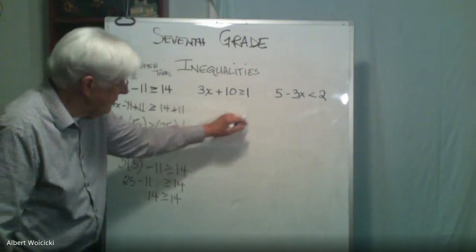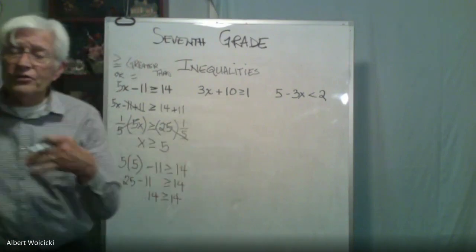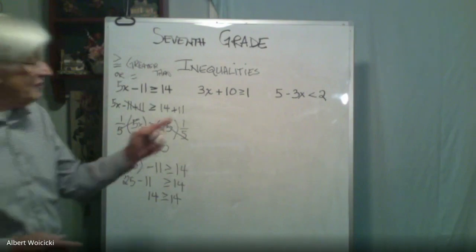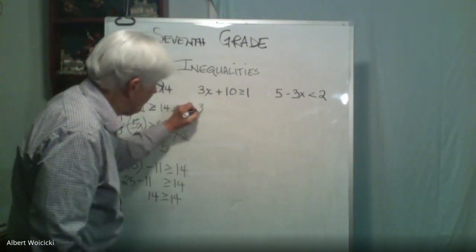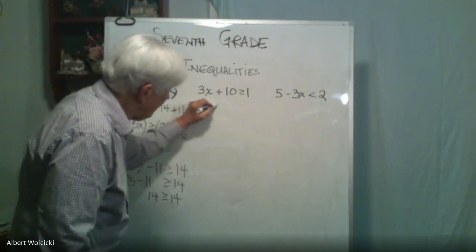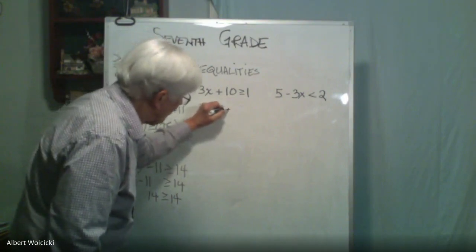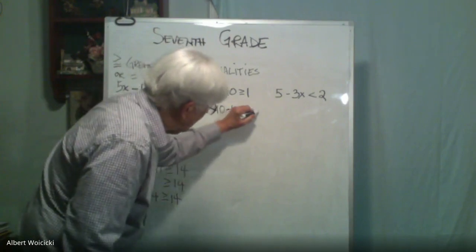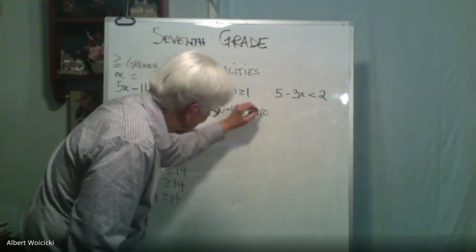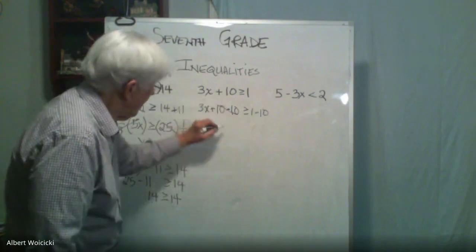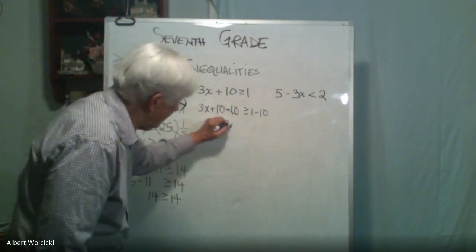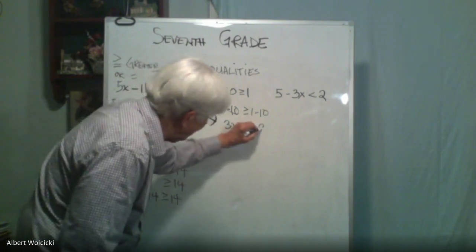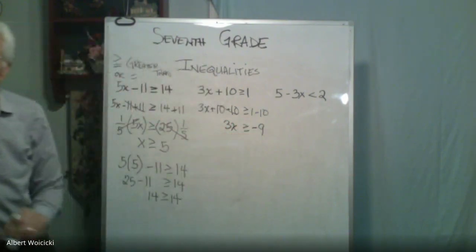Now, in this case, we're going to have to do what to get rid of the 10? We're going to have to take it away because it's added. So we'll have 3x plus 10. We'll have to subtract 10 from both sides. And in this case, we have 3x is greater than or equal to the opposite of 9.